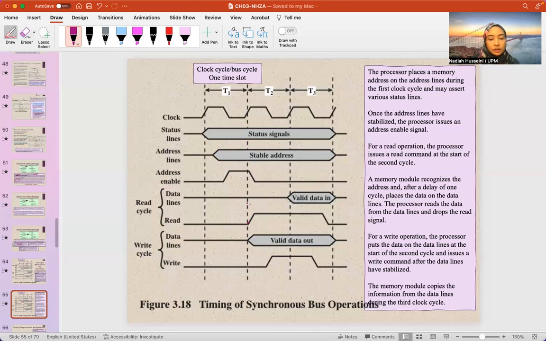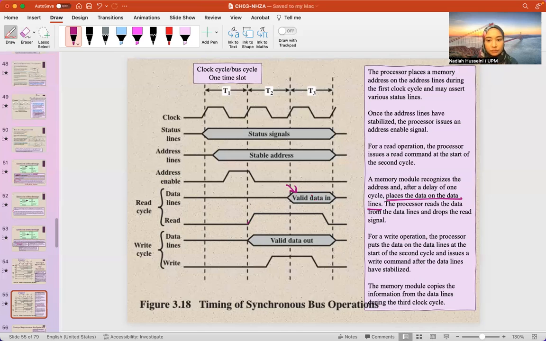In the read cycle, you call out the read signal at time slot 2, and it issues a read command at the start of the second cycle. A memory module recognizes the address, and after a delay of 1 cycle, places the data on the data lines. So after 1 cycle, the memory module recognizes this and places the data on the data line.